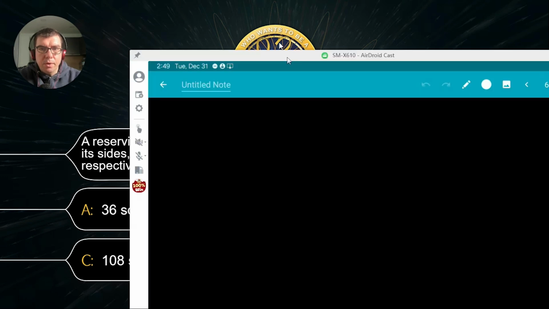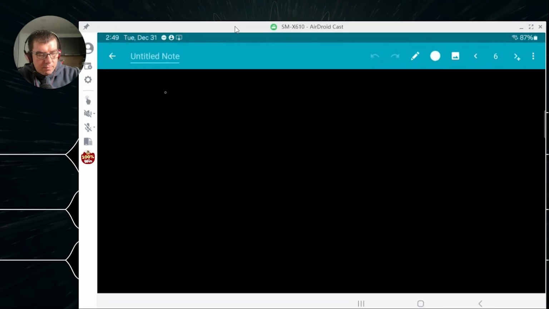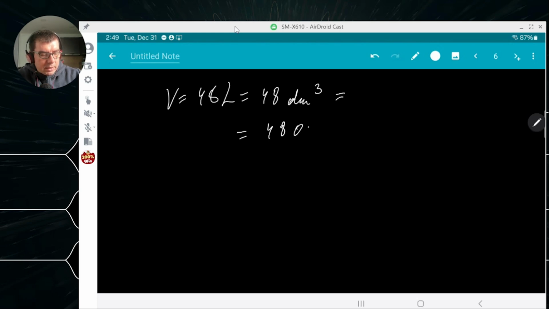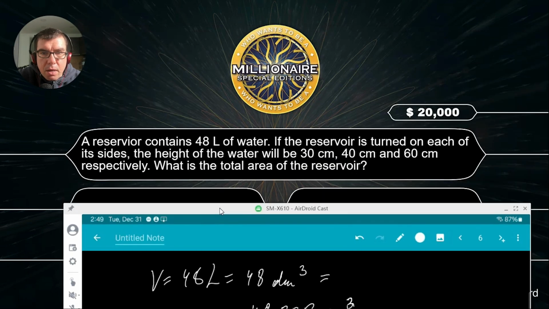Volume is 48 liters, which, as you know, is 48 decimeters cubed, which is 48 with 3 zeros centimeters cubed. When we switch from decimeter cube to centimeter cube, we multiply by 1,000.